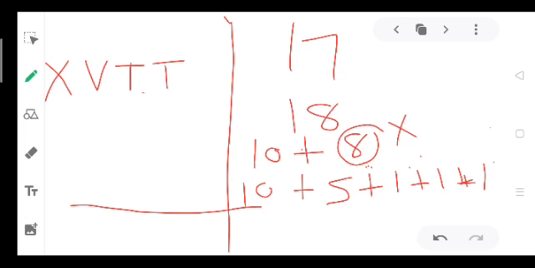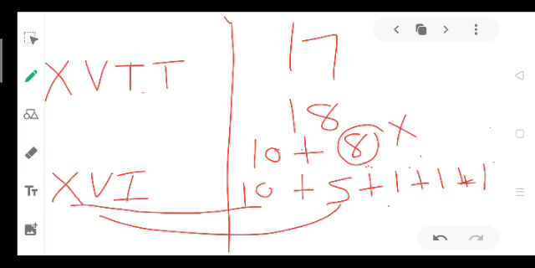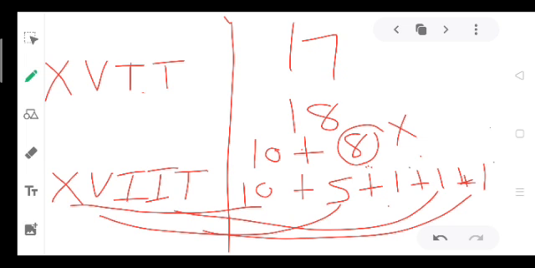For 10 X, for 5 V, for 1 I, for this one I, for this one I. So the 18 Roman symbol is XVIII. X, V and 3 times I. X denotes 10 in 15, 16, 17 and 18.